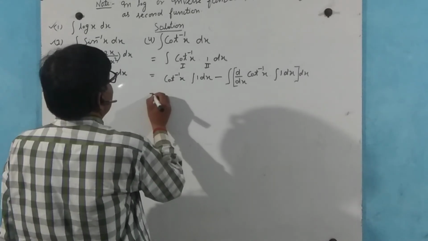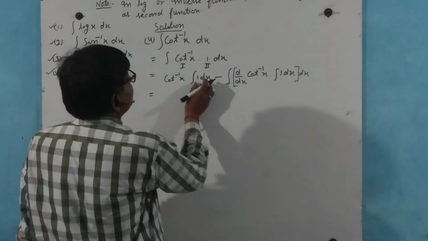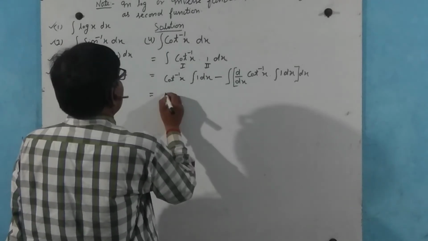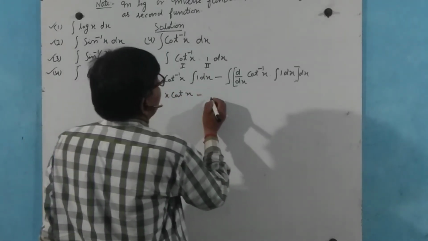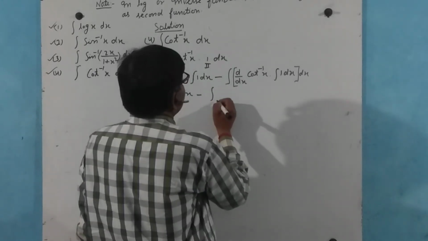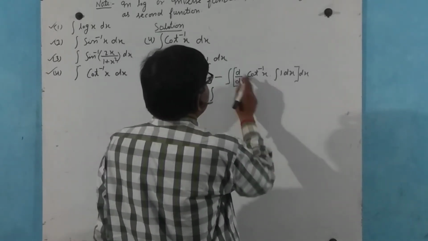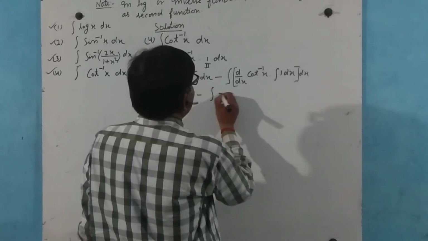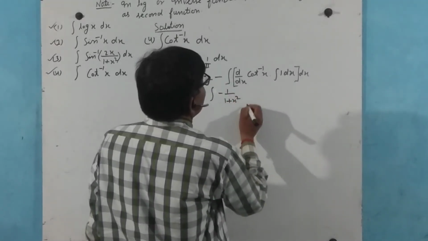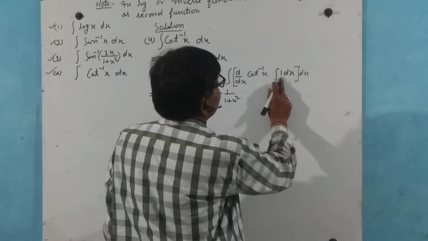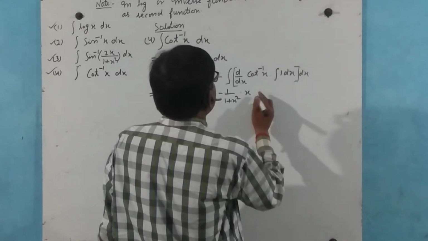Now the integration of 1 dx is x, which comes here: x cot inverse x minus integration of the differentiation of cot inverse x, which is minus 1 by 1 plus x², and the integration of 1 dx, x, whole integration dx.